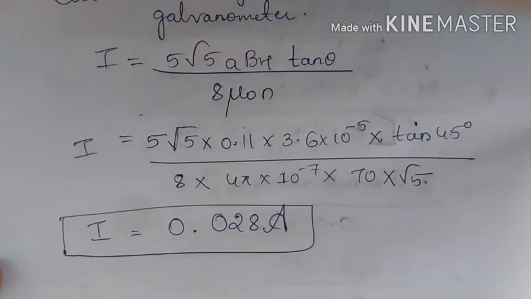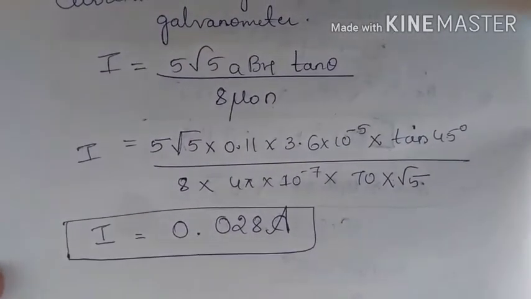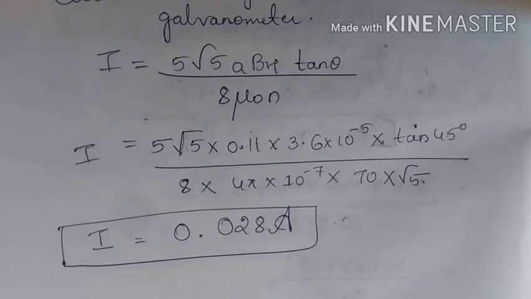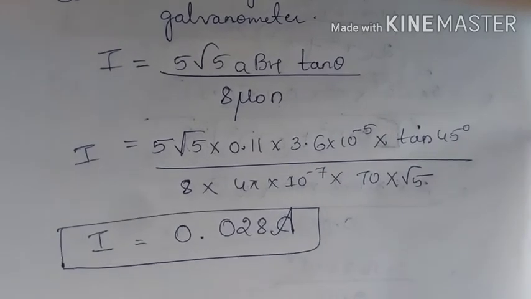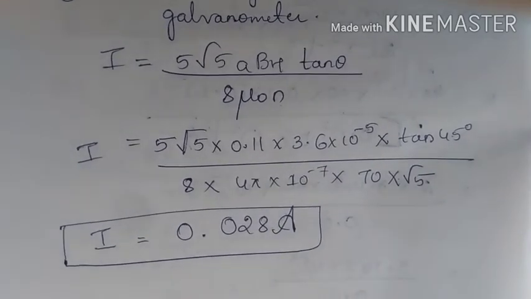This is the overall solution for question number 5. If you have any doubts, you can ask me. So here we end the 6th unit. In our next class, we'll start the new unit.